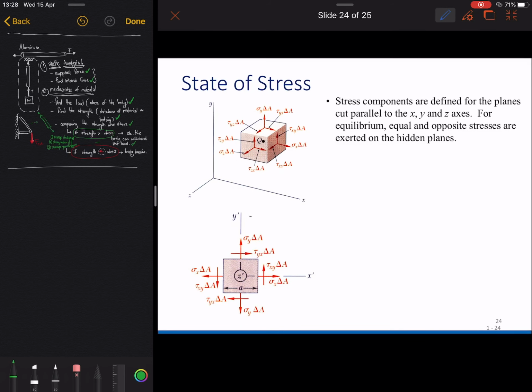And here, if we say our stress is in a cube, a really small cube on the body, then we have a normal stress in the z-axis, here is the normal stress in the y-axis, and here is the normal stress in the x-axis, if we consider it in 3D. Okay, so this is the normal stress.